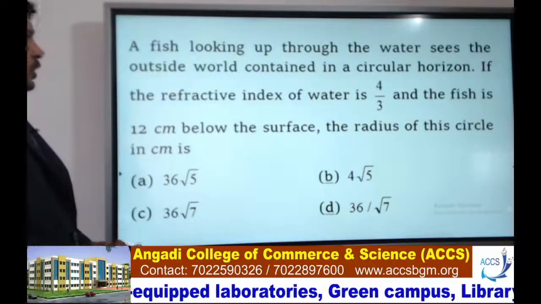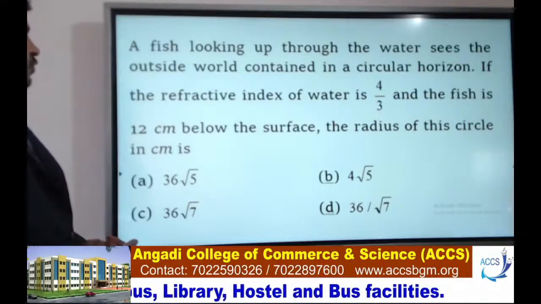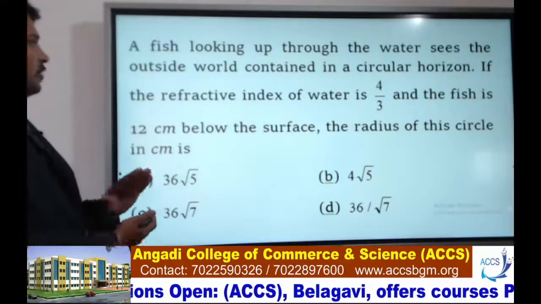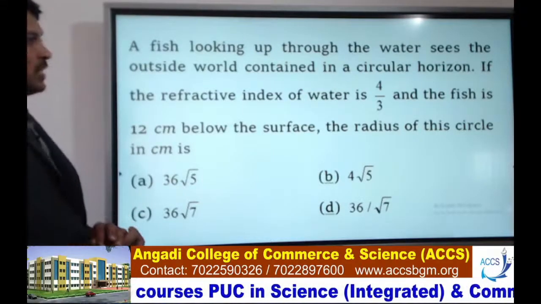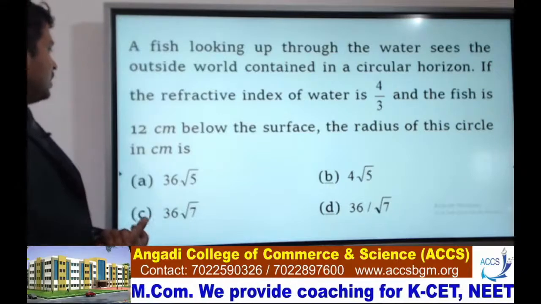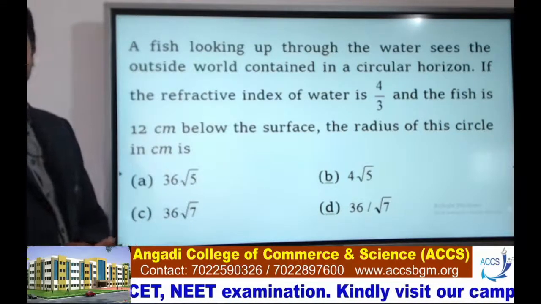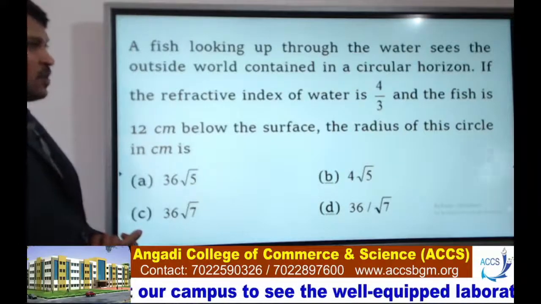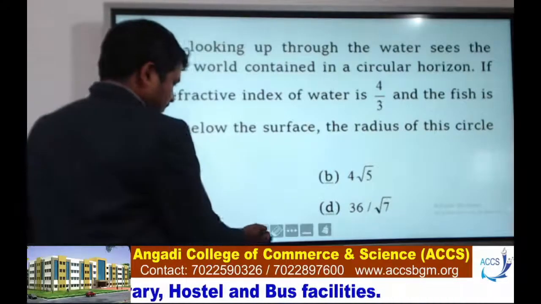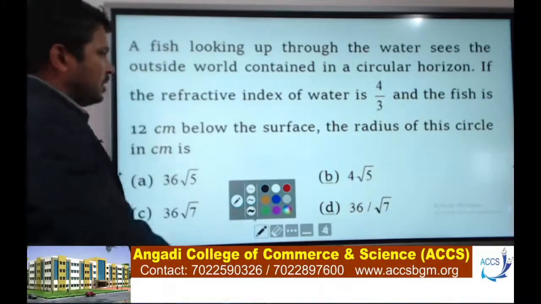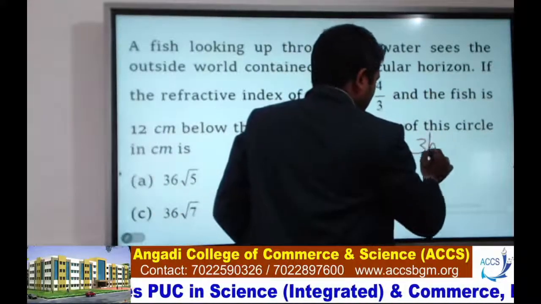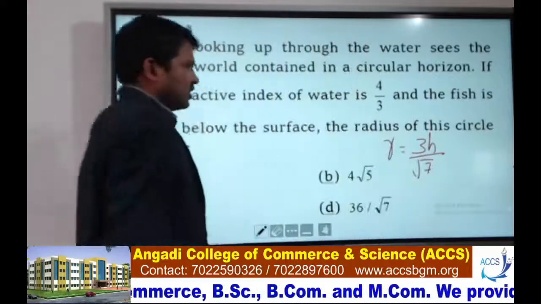A fish looking up through water sees the outside world contained in a circular horizon. Right? If the refractive index of water is 4 by 3 and the fish is 12 centimeter below the surface, the radius of this circle is, okay, students. Here the simplified formula is r equals 3h divided by root 7.